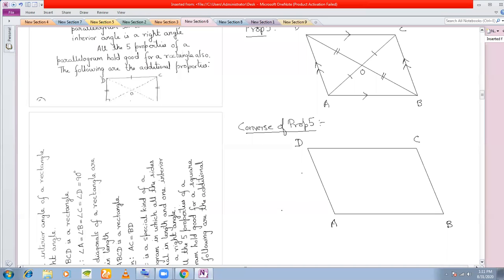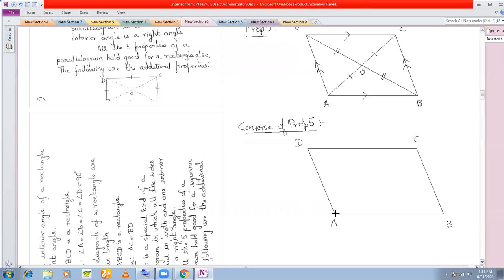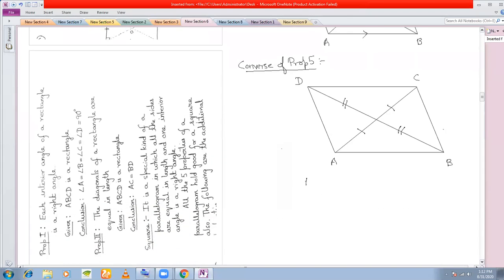And additionally, it is also given to you that the diagonals of this quadrilateral are such that they bisect each other. That is, this length is equal to this length and this length is equal to this length. Then you can conclude that ABCD is a parallelogram.